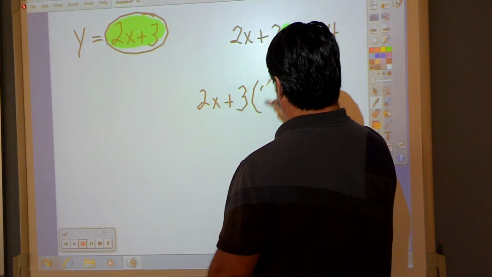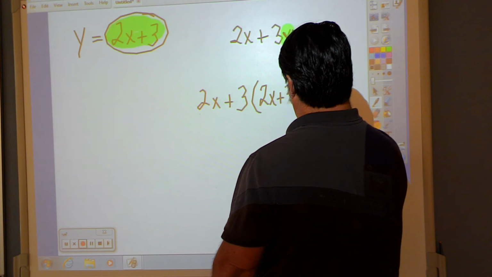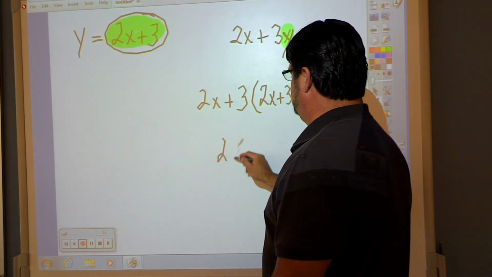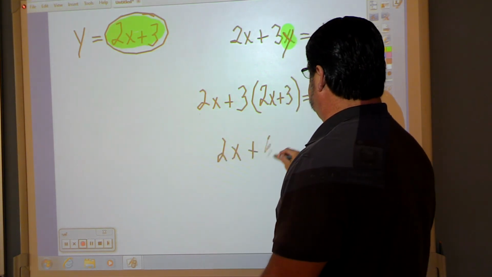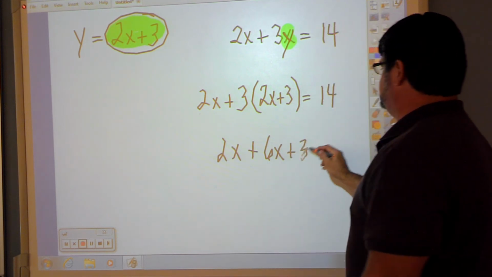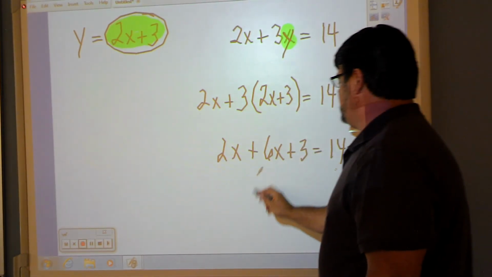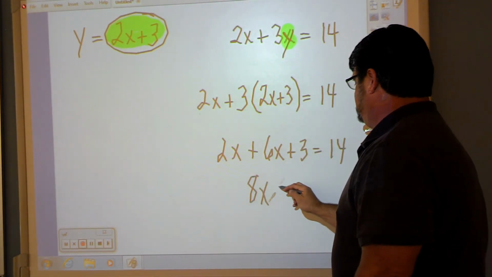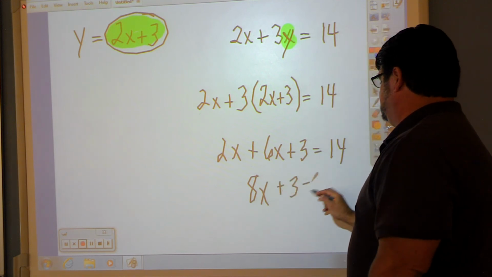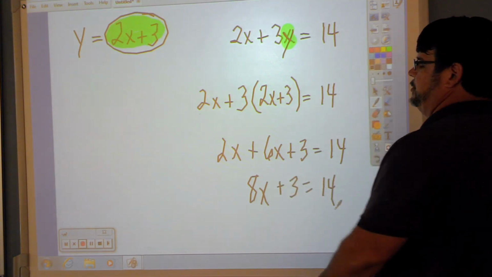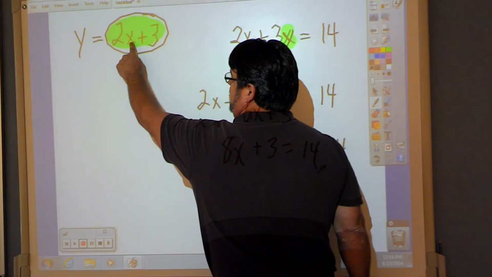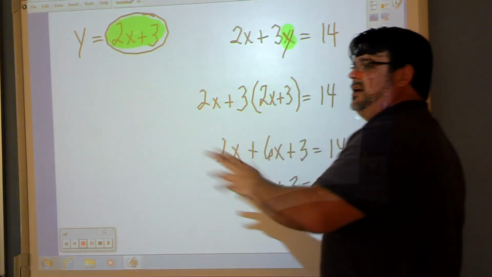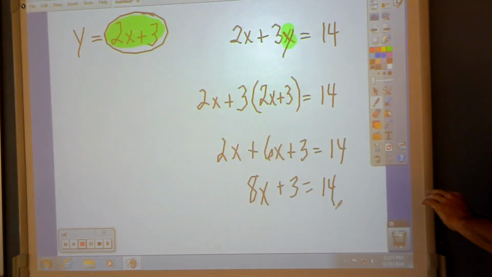And then I'm going to plug in that 2x plus 3, and then I'm going to finish it. 6x plus 3 is equal to 14, and then that's 8x plus 3 is equal to 14. And then once you get x, go back and plug in x to get what? y. Okay, that's later on.